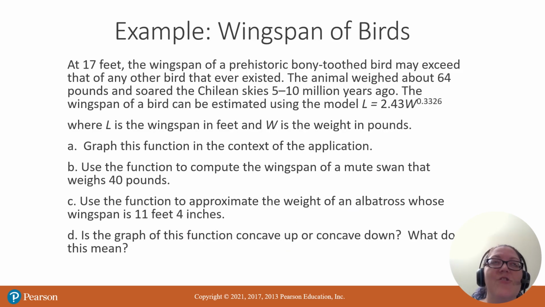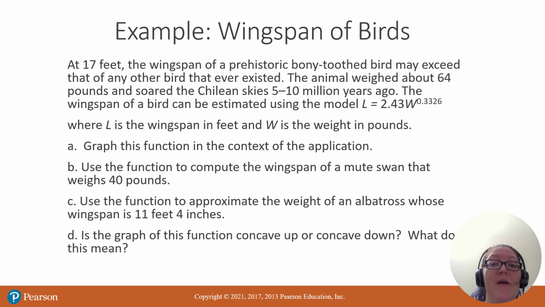Now let's look at why power functions are important. Say, for example, the wingspan of birds. At 17 feet, the wingspan of a prehistoric bony-toothed bird may have exceeded that of any other bird that ever existed. The animal weighed about 64 pounds and soared the Chilean skies 5 to 10 million years ago.